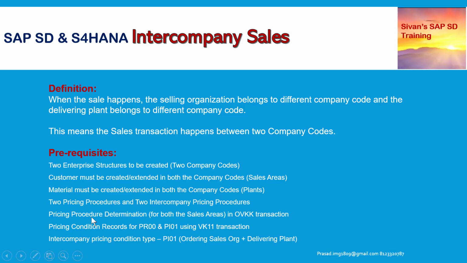Two pricing procedures and two intercompany pricing procedures are needed. For example, if the standard pricing procedure is RVWA01, create RVWA02 for the other company code, and the intercompany pricing procedures are ICWA01 and ICWA02, so that both the plants or company codes can have intercompany transactions.